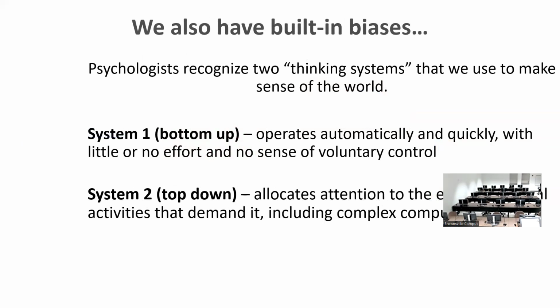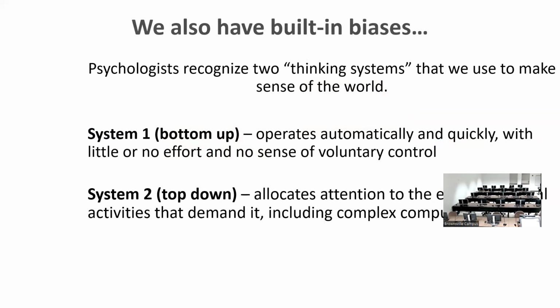So another important concept when it comes to data visualization is understanding the system thinking theory. There are two systems when it comes to thinking. System one and system two. We call them thinking systems, right?